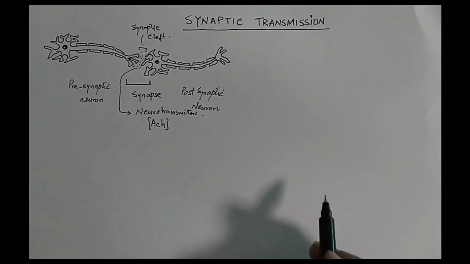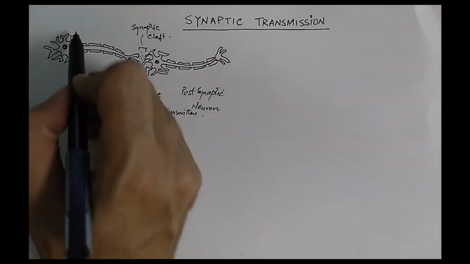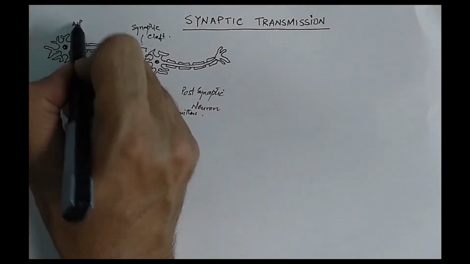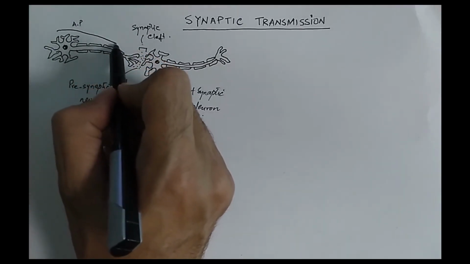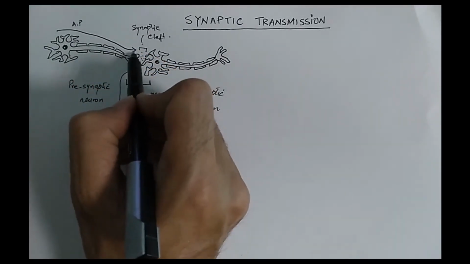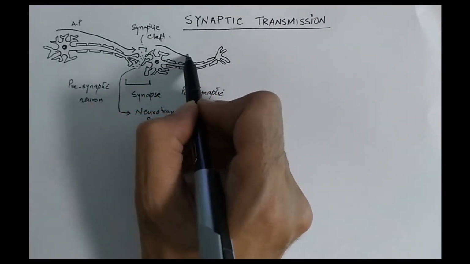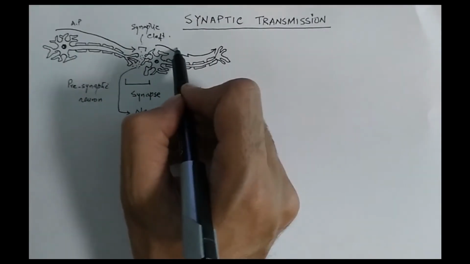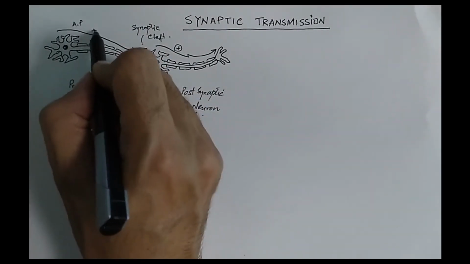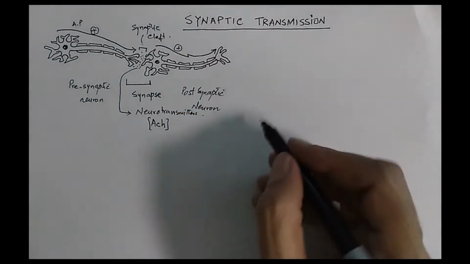Okay, so now let's talk about how this synaptic transmission happens and how the action potential, which has started from the cell body and axon hillock of one neuron, has to be shifted to the next neuron through these synaptic clefts. So let's see it in detail.